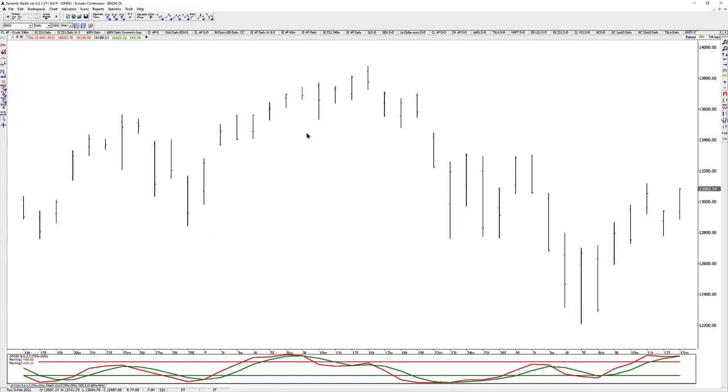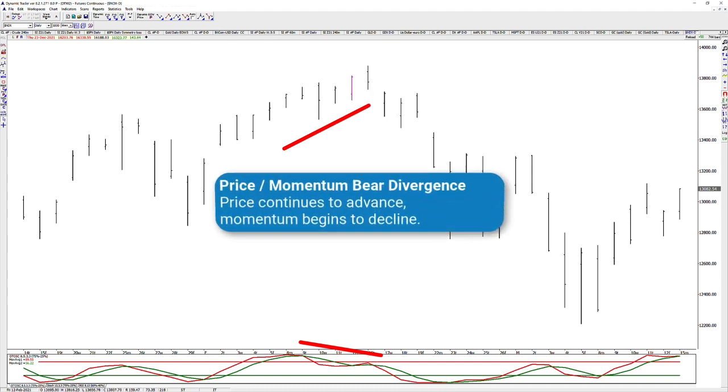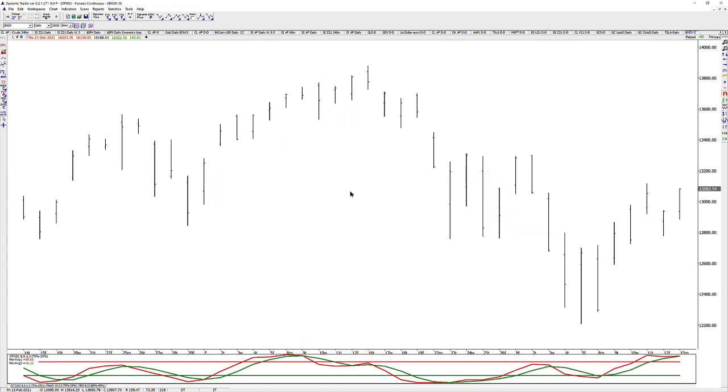And it's just the opposite up in this period of time where momentum made a high, but price continued up for several more bars, and momentum was at a lower level. So again, that's a bearish divergence between price and momentum. So those are not things that we make a specific trading decision on, but they're good pieces of information to be aware of.